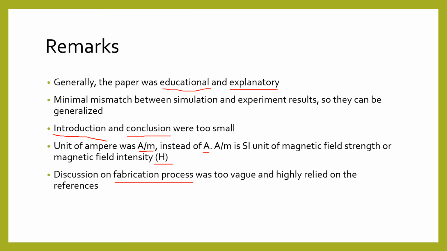A reader who was not familiar with the references could not understand the fabrication process just from the article. So it could have been written more clearly and in a better way. Otherwise, the paper was educational, explanatory, and properly written, apart from those minor mistakes.